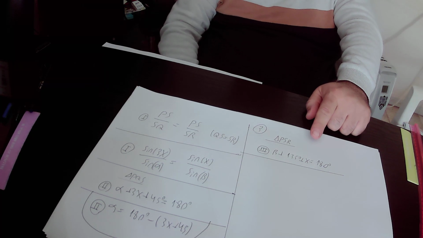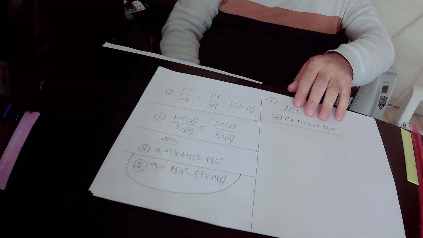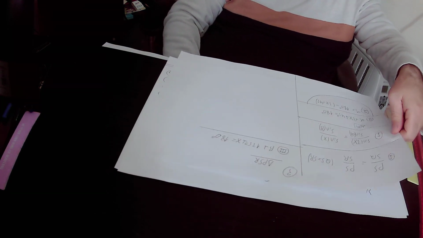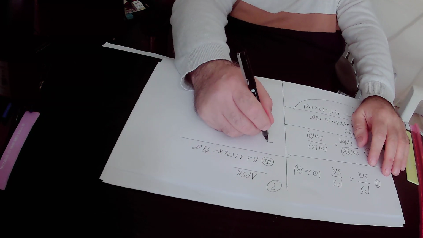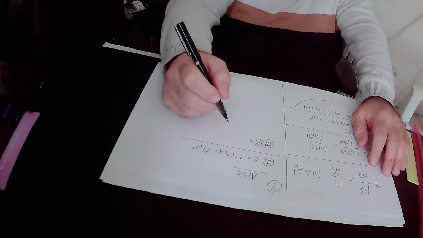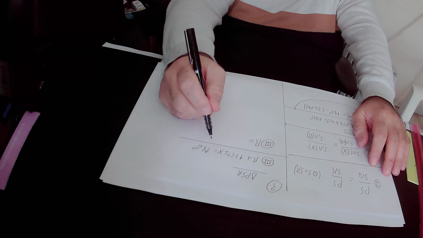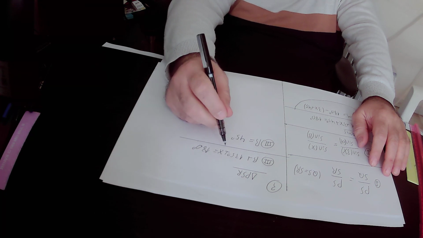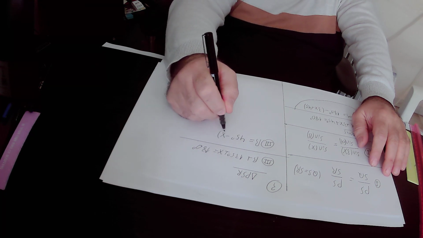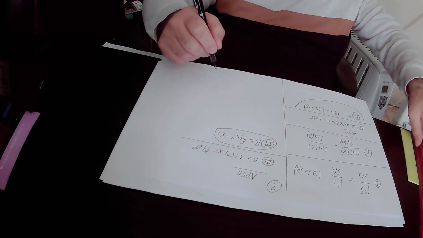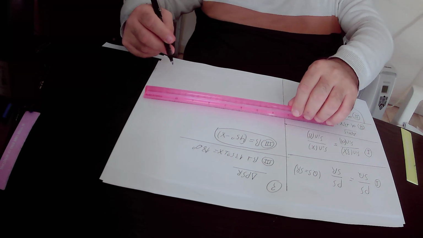Here we will subtract 135 degrees and also x from equation number 3, and we will get that angle beta equals 180 degrees minus 135 degrees, which is 45 degrees, minus x. So we found all the values of alpha and beta in terms of x.